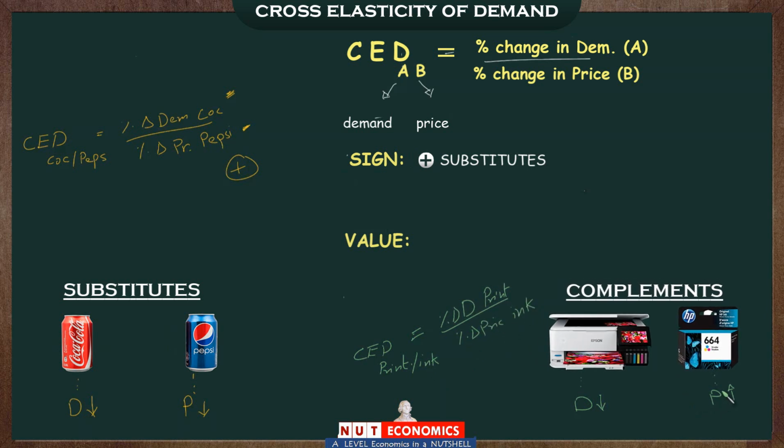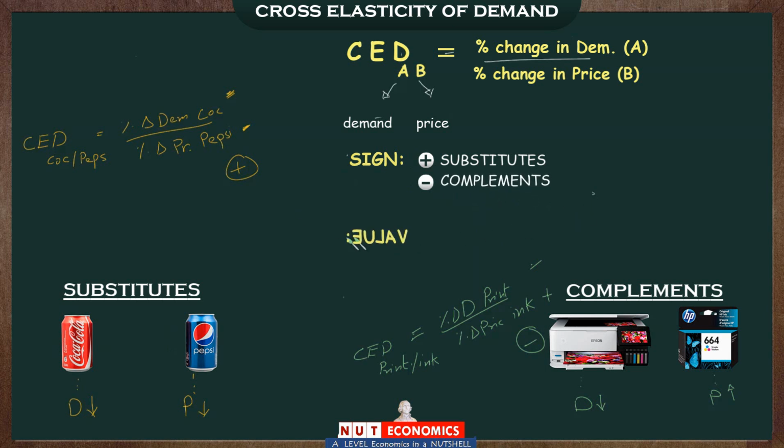Now, as we have just discussed, if the price of ink increases, then people will buy fewer printers. The demand for printers would fall. So you will end up dividing a negative over a positive. So your answer will be negative. And that is what you need to remember: when the sign of CED is negative, it tells you that the two goods must be complements to each other.